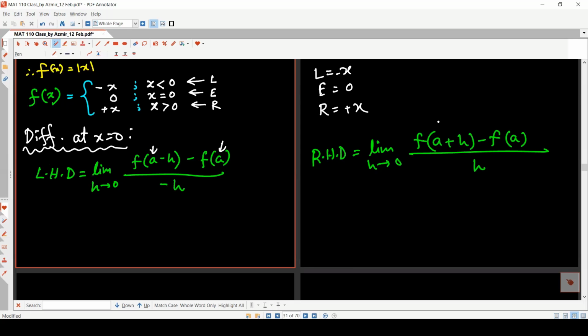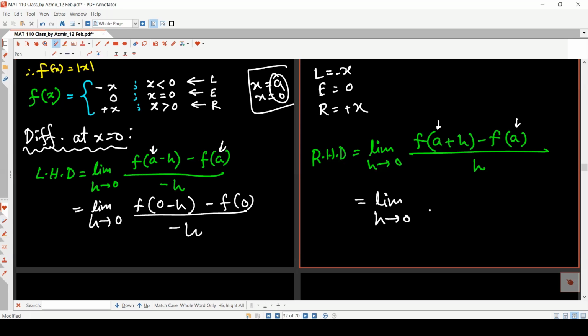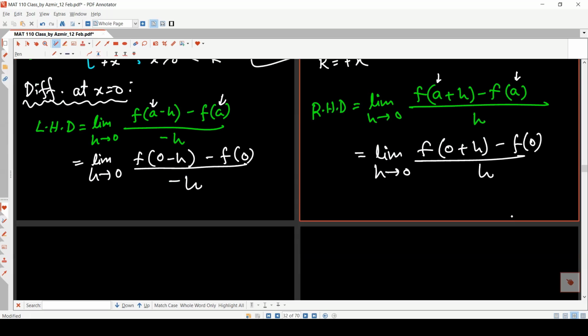So a means 0, x equals a, x equals 0. So a is 0. Limit h tends to 0, function of 0 minus h minus function of 0 divided by minus h. Similarly, limit h tends to 0, function of 0 plus h minus function of 0 divided by h.